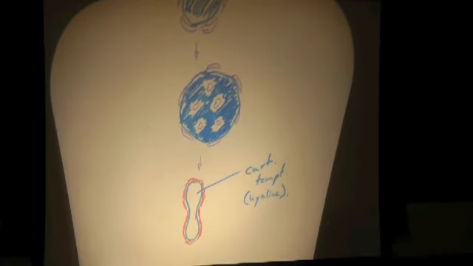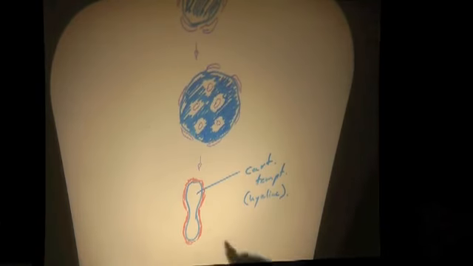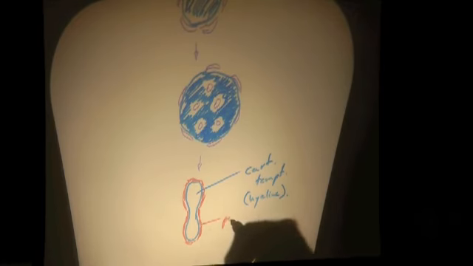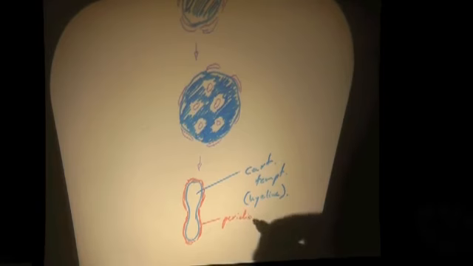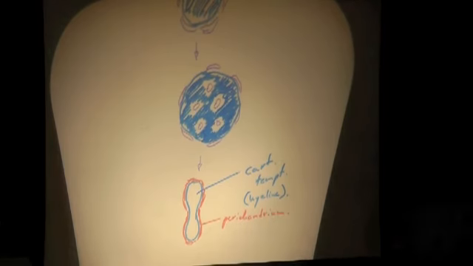Perichondrium, good. So we have a perichondrium around the outside that contains the blood vessels as well as some of the mesenchyme cells that will be able to go ahead and replenish the chondroblasts as they are becoming embedded within the matrix.